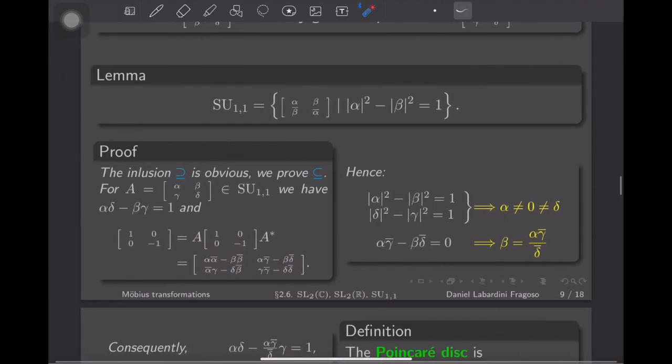So what we deduce immediately is that this is equal to 1, so this is here, and that this is equal to minus 1, right? So this is here. So you see, norm of gamma minus norm of delta, so equal to minus 1, so this already changed, right? Okay.